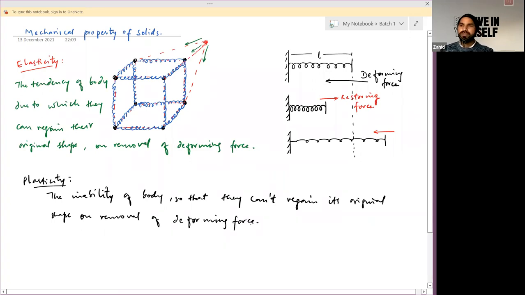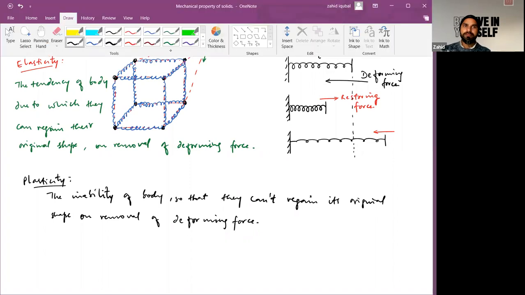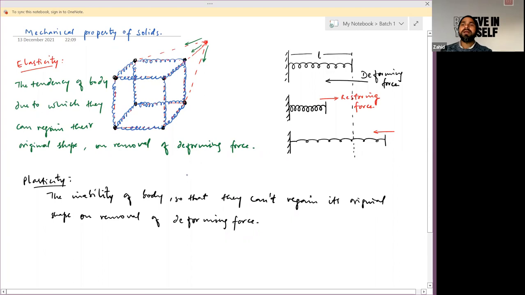In general, there is no object which is perfectly elastic or perfectly plastic, but some objects may show maximum elasticity or maximum plasticity. The most elastic substance is quartz, and similarly, the most plastic is wax.